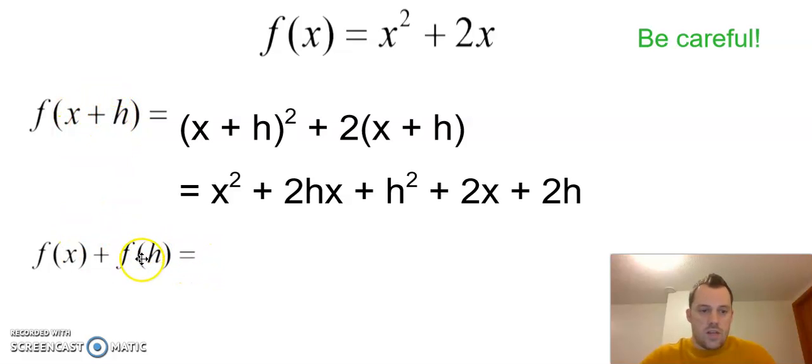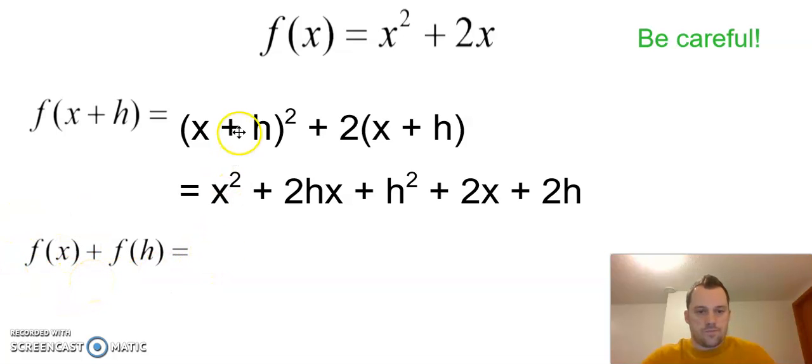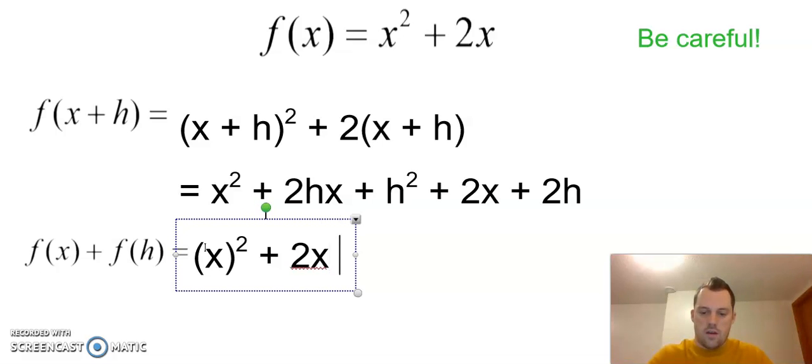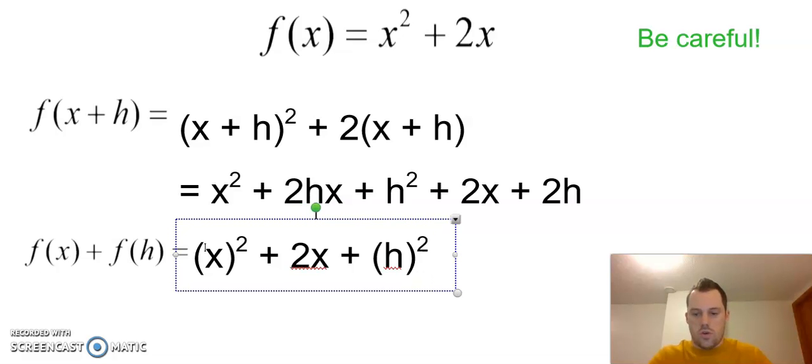Okay, this one here, even though it's the same function, f, this is a sum because we're doing the sum of f of x plus f of h. So in this case, now we end up with x squared plus 2x, and I could put parentheses around that whole thing, added to h squared plus 2h.